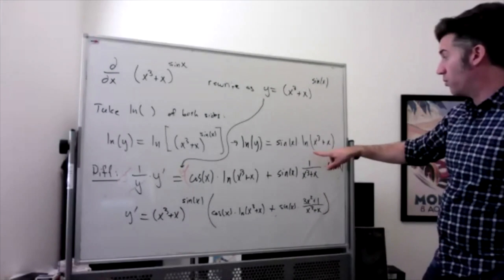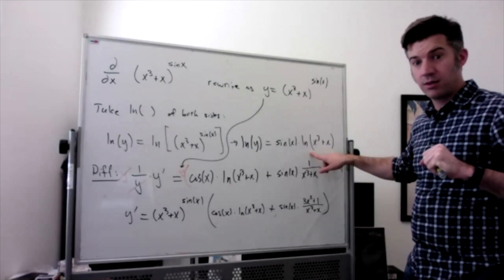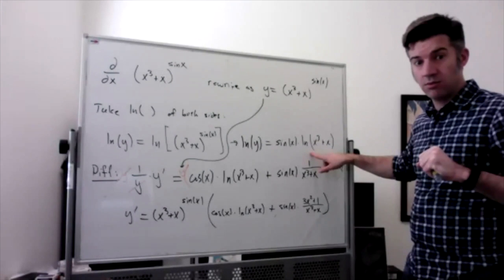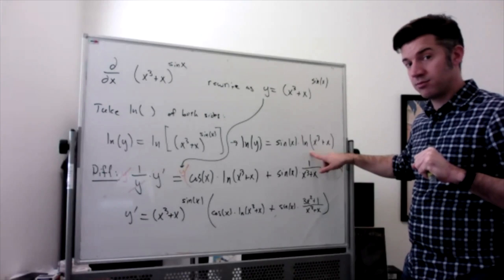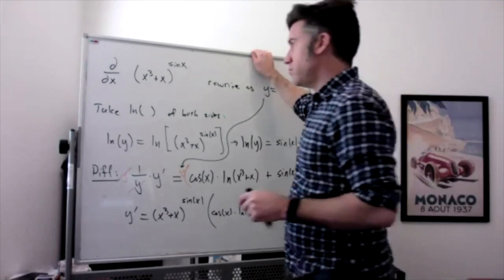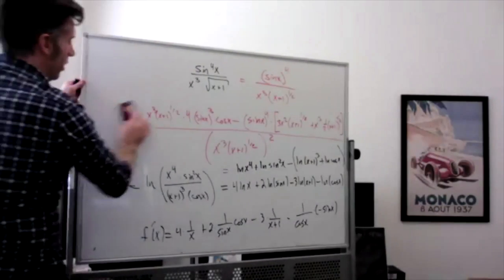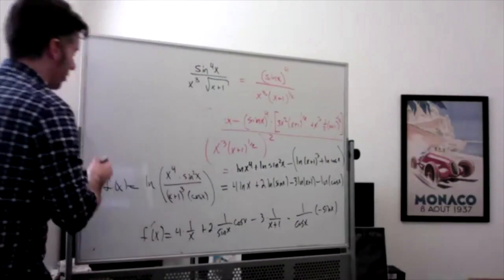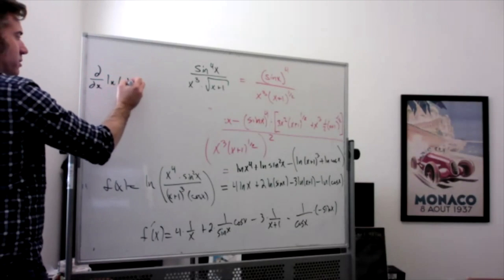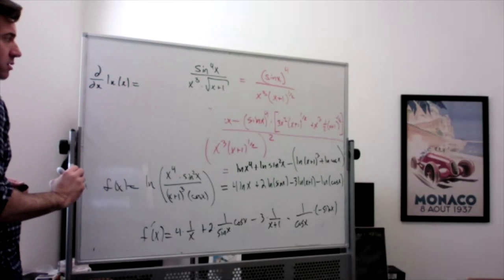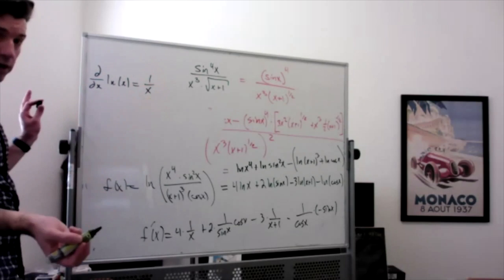Sure. So what's the derivative of the natural log of x? Would it be 1 over x? Right, exactly, 1 over x.